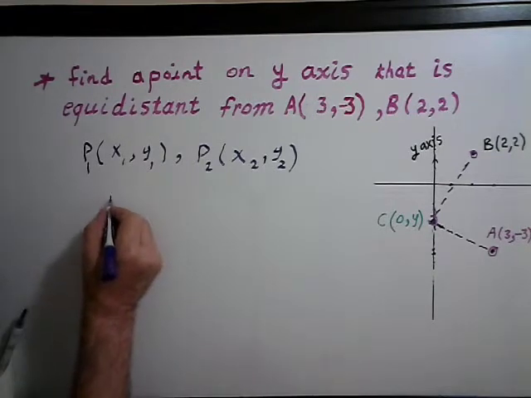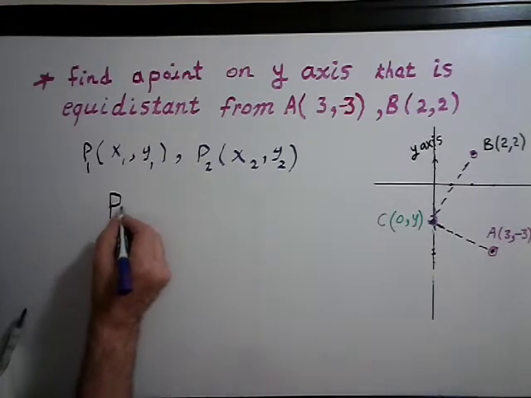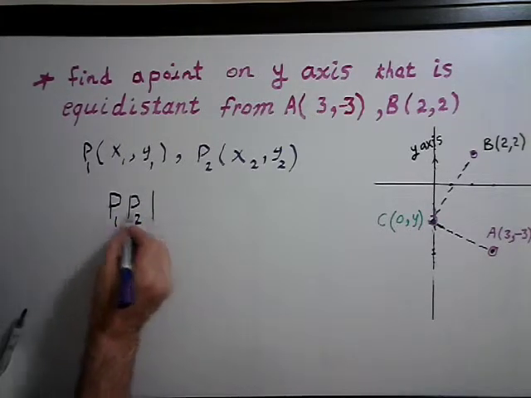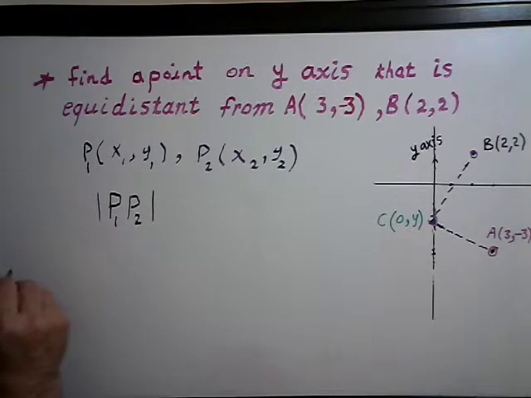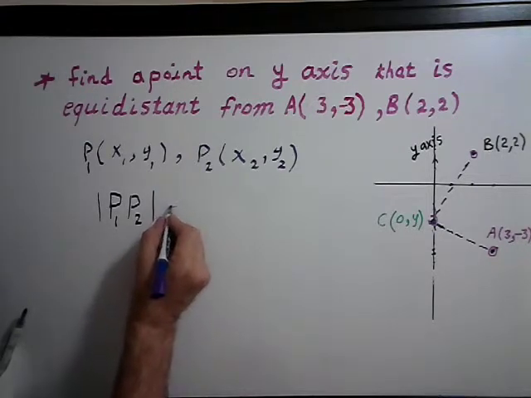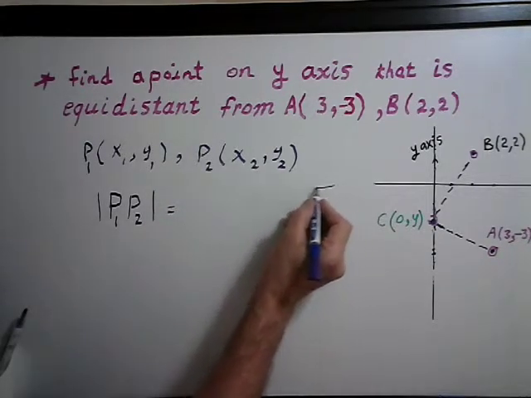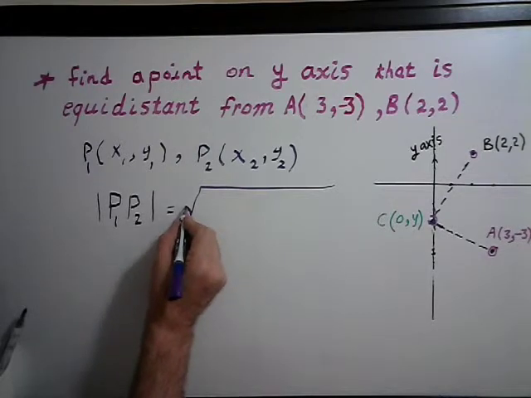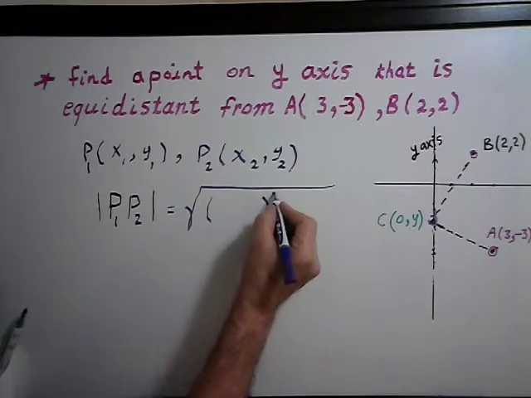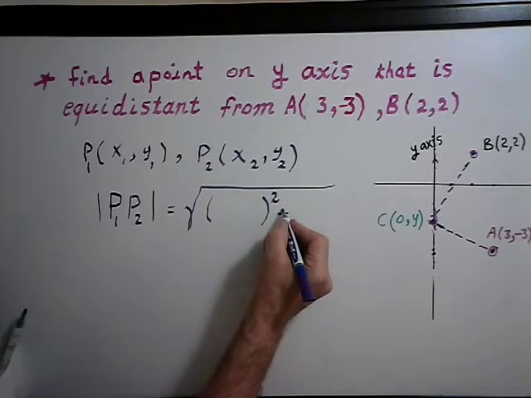So the distance P1P2 is the absolute value, to make sure it's not negative, because distance will not be negative, is the square root of squared plus squared.